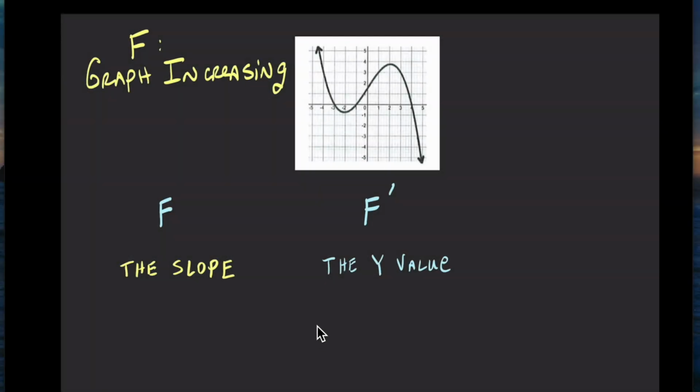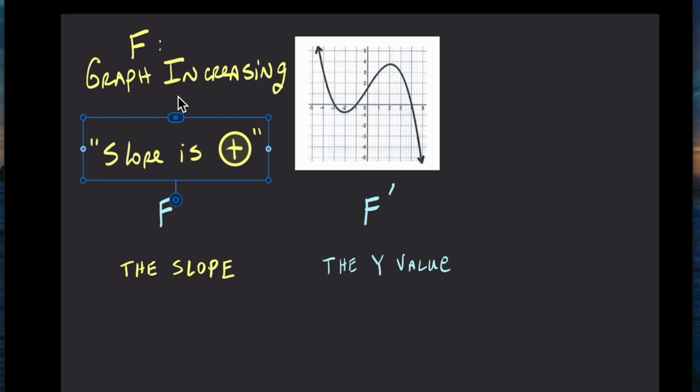Folks, a moment ago I made the point that the slope on the parent function f becomes the y value on the f prime graph. Let me show you a neat trick. If we are asked to find where the graph of f is increasing, I want you to rewrite this in terms of slope. I want you to get the word slope involved to describe what we want to find. Well, if a graph is increasing, then we know that the slope is positive.